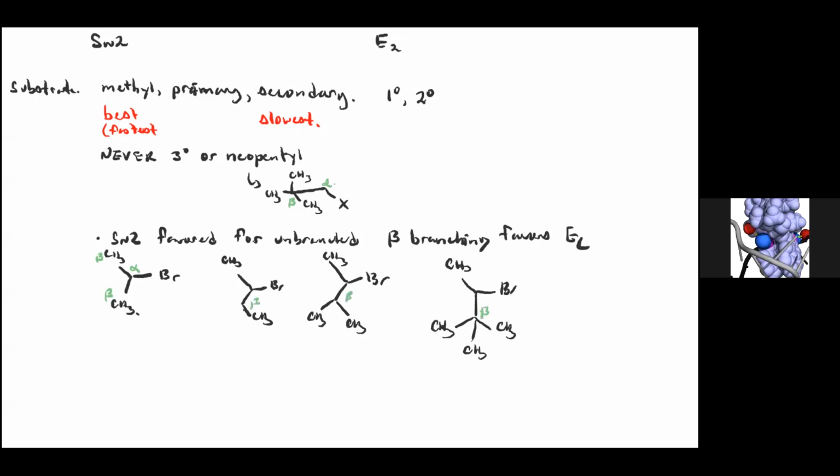So here I'm only modifying one of the beta positions, but we're iteratively introducing another methyl group in place of each beta hydrogen. And as we move from left to right, we get increasing E2 at the expense of SN2.